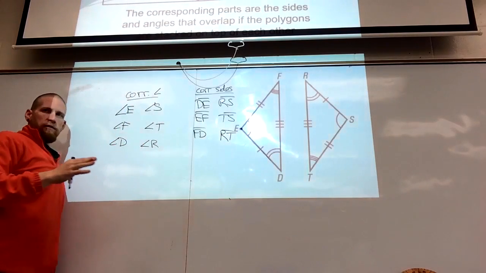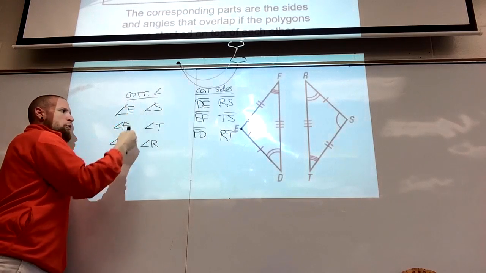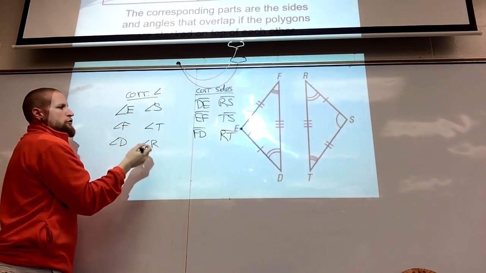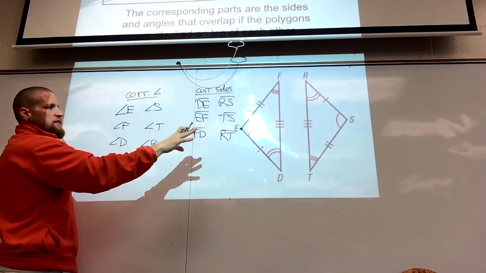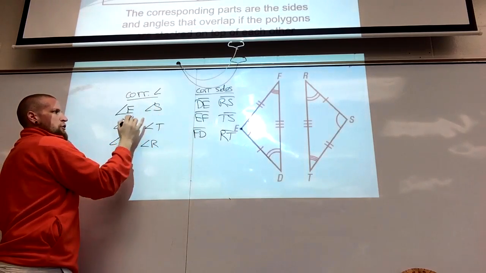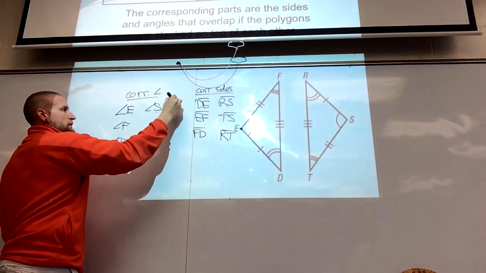Once you do this part, then you would go back through and check them one by one, going, are these two angles congruent to each other? Well, again, this figure is nicely marked because everything is marked congruent. So are these two angles, E and S, marked congruent? Are they congruent? Yes or no?